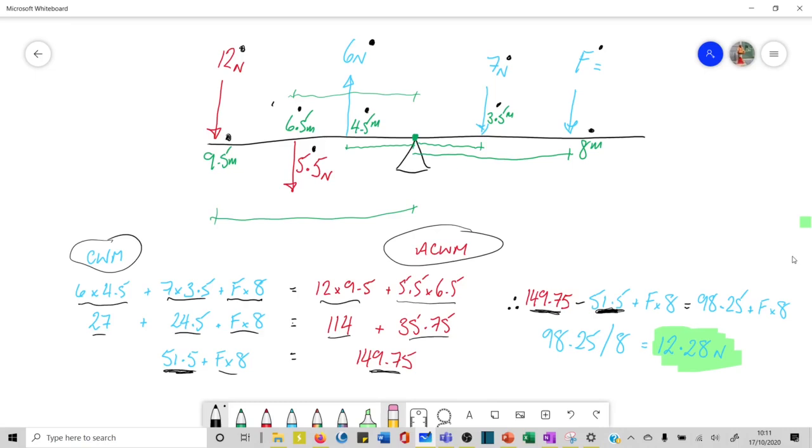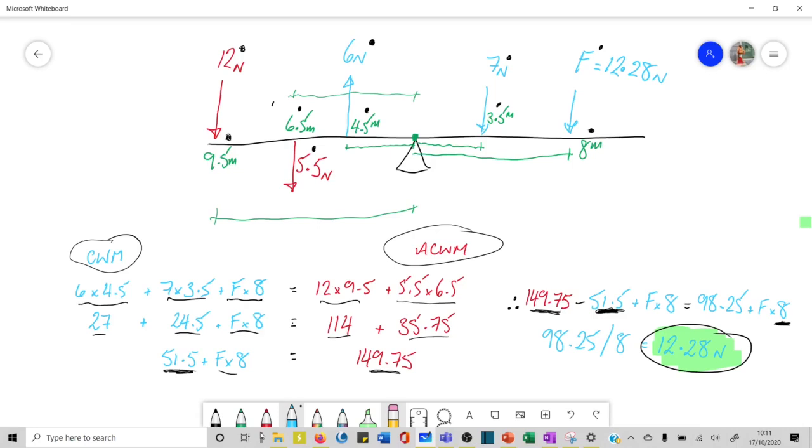So simply 98.25 divided by 8, and that gives us the answer 12.28 newtons. So we can write up here, changing the pen colour, that F therefore equals 12.28 newtons, which equals equilibrium.